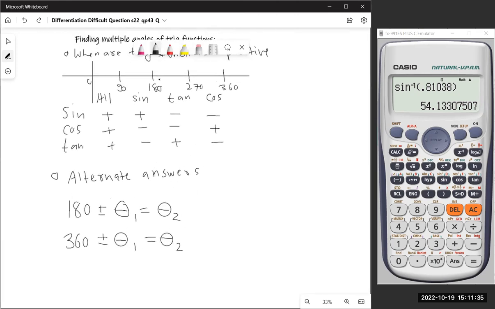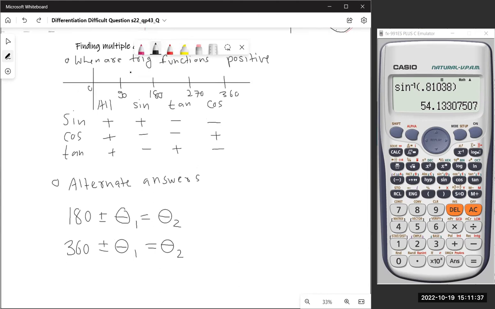All right, Manvi, look over here. Let's say one of my graphs looks like this. Okay, this is my graph. Which graph is this? This is sine. Now I have one value here. Okay, that's one answer, which is let's say theta 1. Now how can I find another theta, theta 2?